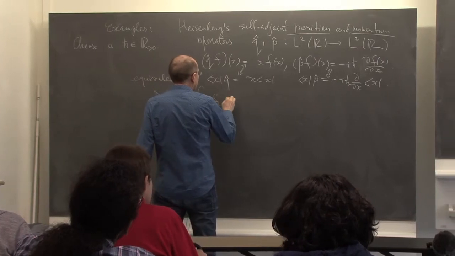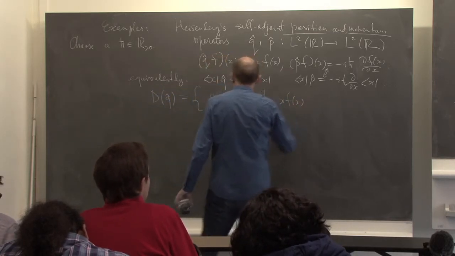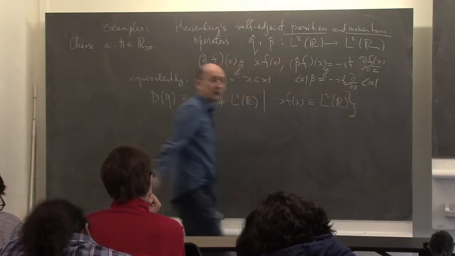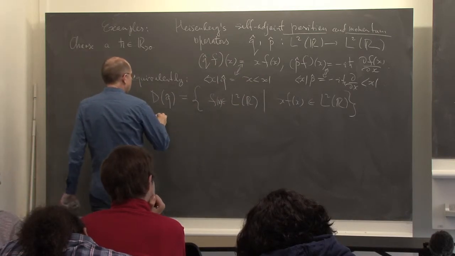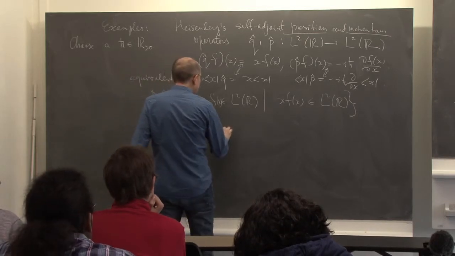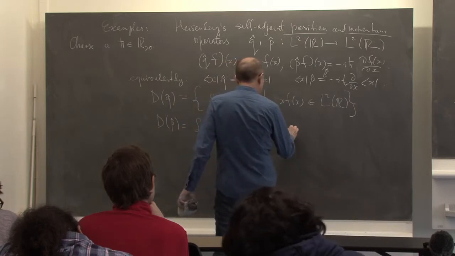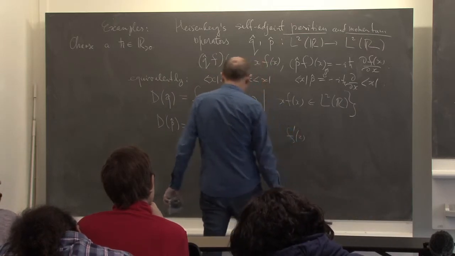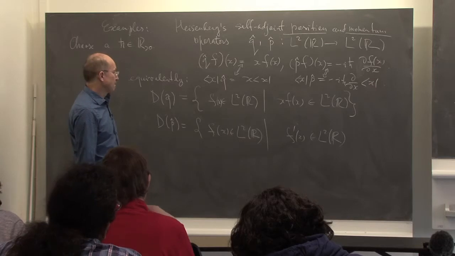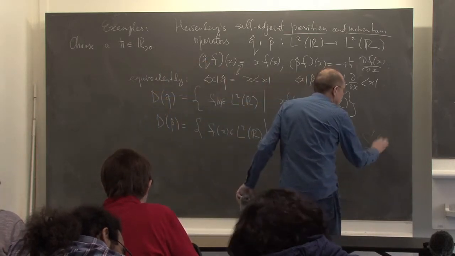It's the set of f in L2 of R satisfying the condition that x times f of x is still in L2 of R. And D of P is f of x in L2 of R such that f prime of x is still in L2 of R. But here, now I'm pretending that I take elements of L2 of R in the space of distributions.